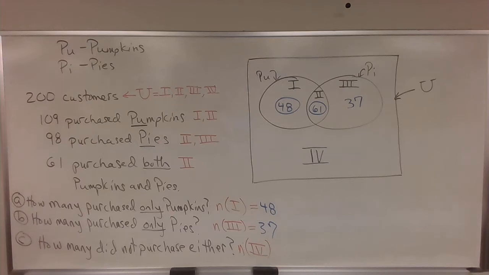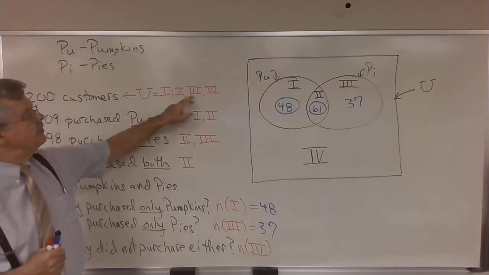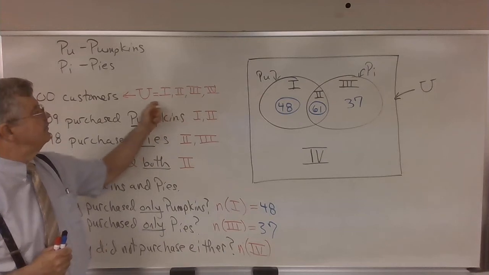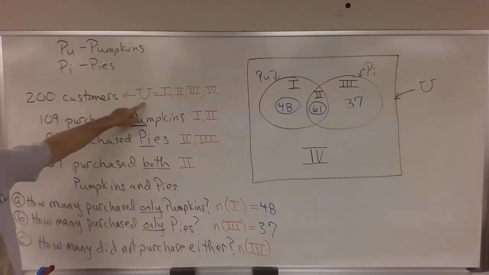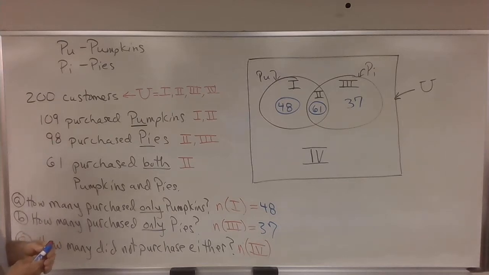Well, let's see. The only thing that we know about region 4 is that along with regions 1, 2, and 3, region 4 makes up the universe. So let's see. We have 200 customers that make up the universe.